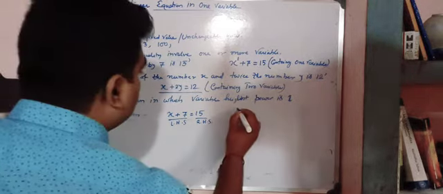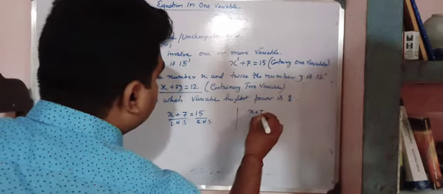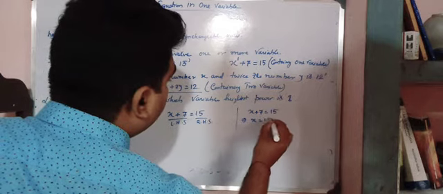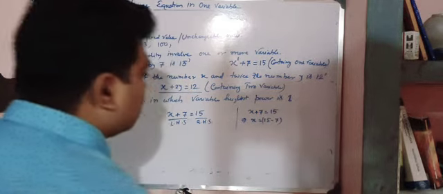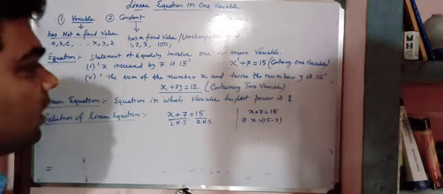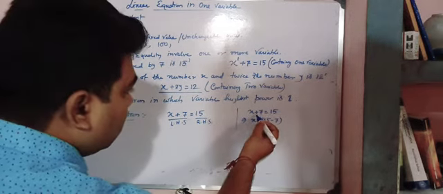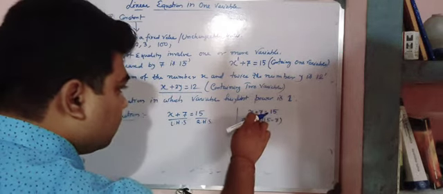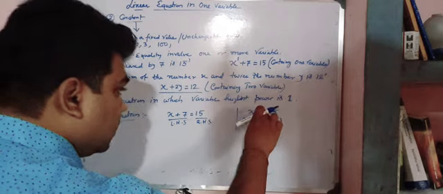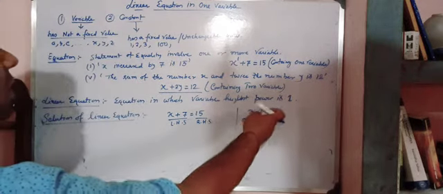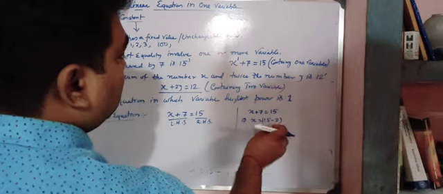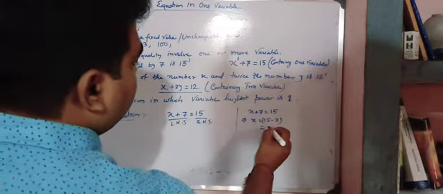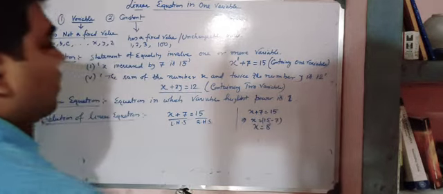Now if we try to solve it, x plus 7 is equal to 15, so x is equal to 15 minus 7. This is the process of solving a linear equation. If we have a number added on one side, then when we move that number to the opposite side of the equal sign, we get a minus sign. So 15 minus 7 is equal to 8. So x is equal to 8.